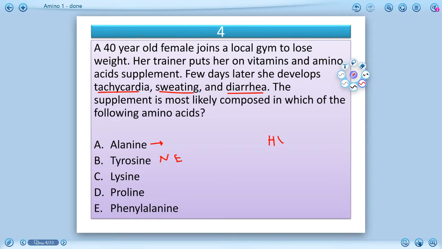Lysine is used only for DNA synthesis, in the compacting of DNA. Proline is used for collagen synthesis. Phenylalanine is the same thing as tyrosine, but tyrosine is directly used for thyroid hormone synthesis. So this question is talking about thyroid hormone.